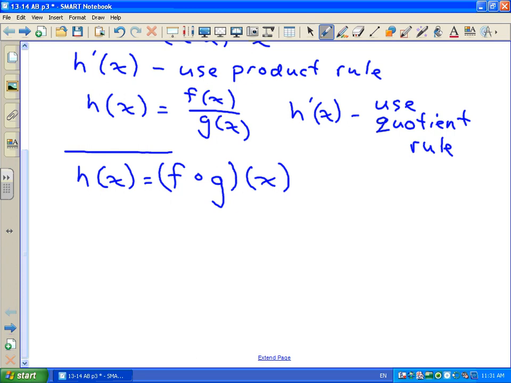And what did this mean in practice? It means that we took our function f, and wherever we had an x in that function f of x, we would substitute our other function g of x. So this is kind of like evaluating f at g at x, was another way of writing it.